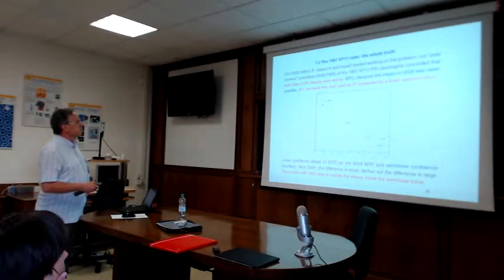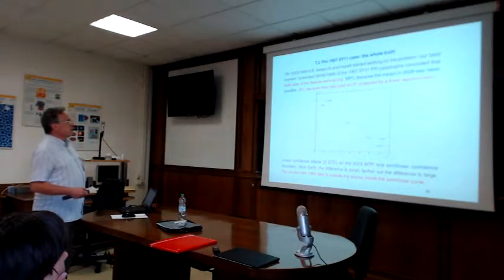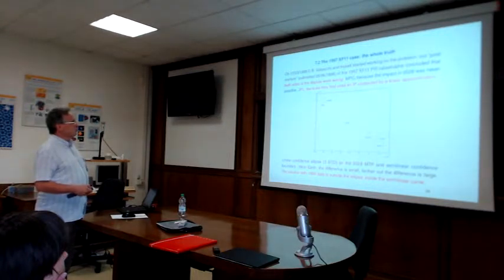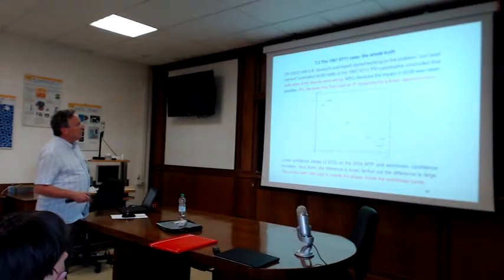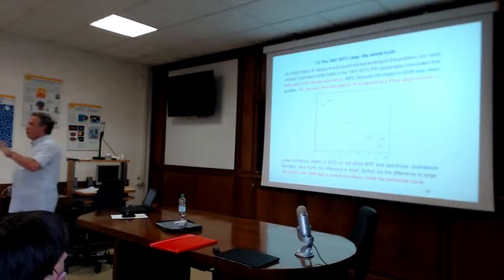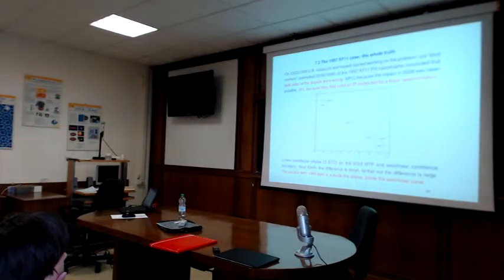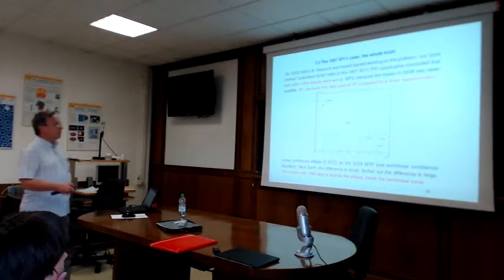This is 3 times the distance of the moon. This is the Earth. The linear solution is the black curve, and the red curve is a non-linear computation, which is done with a particular technique, which we don't use anymore and I don't need to explain.